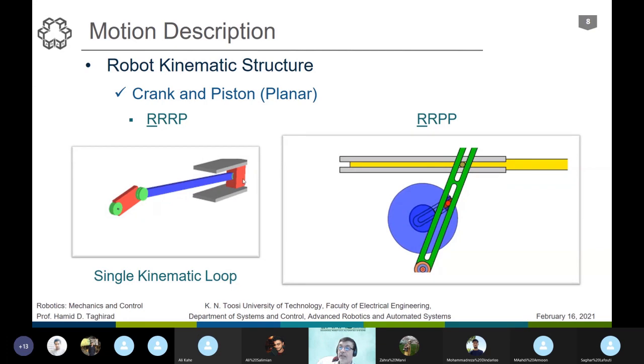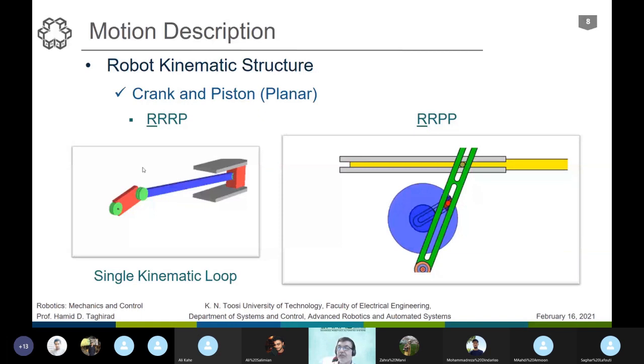So we have a mechanism designed by RRRP structure. We call it RRRP structure. This is a single kinematic loop. I will explain it a bit later. But we also underline something here. The joint that has been actuated, we underline it like this.